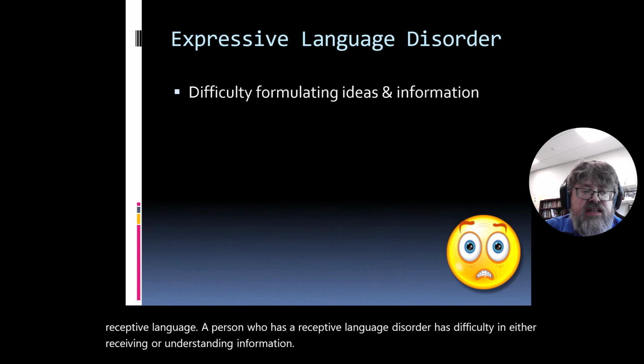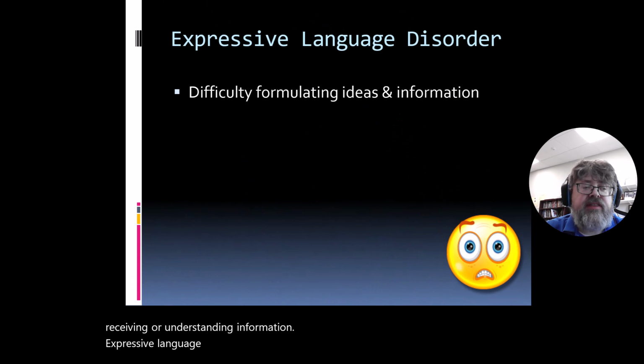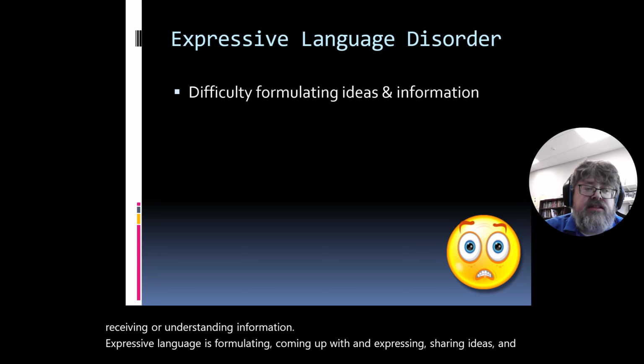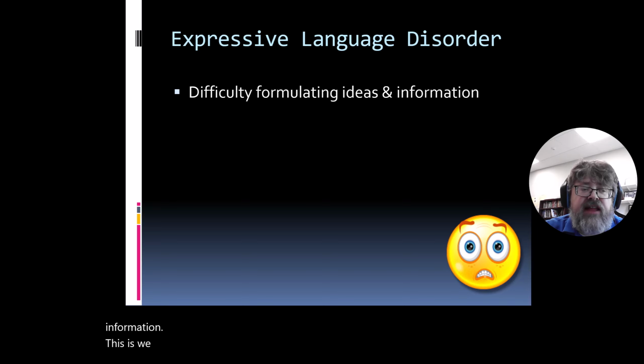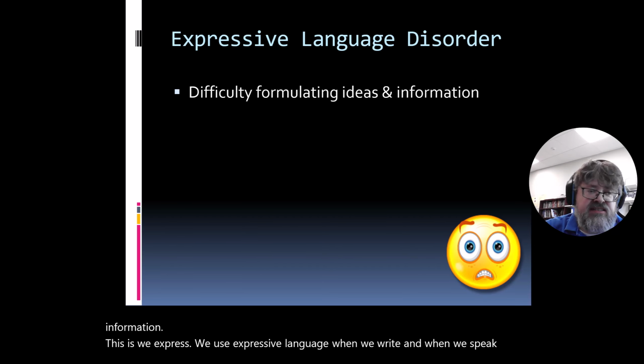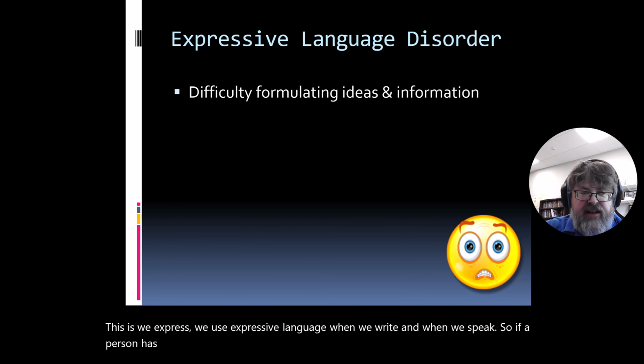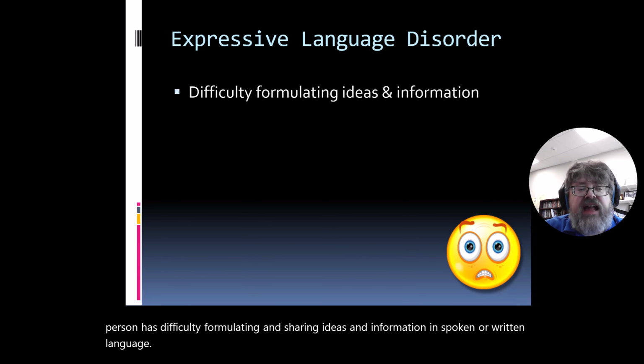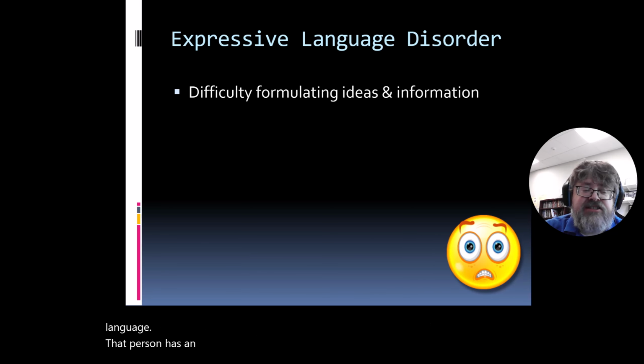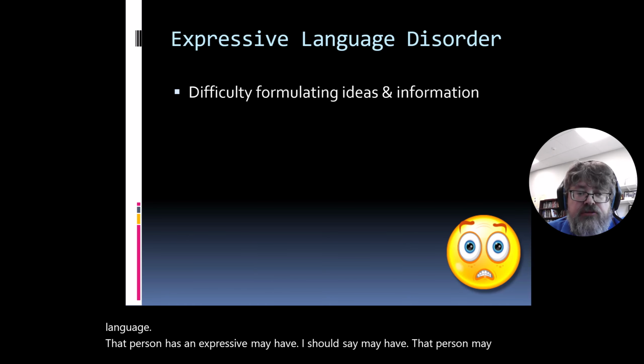Expressive language is formulating, coming up with, and expressing, sharing ideas and information. We use expressive language when we write and when we speak. So if a person has difficulty formulating and sharing ideas and information in spoken or written language, that person may have an expressive language disorder.